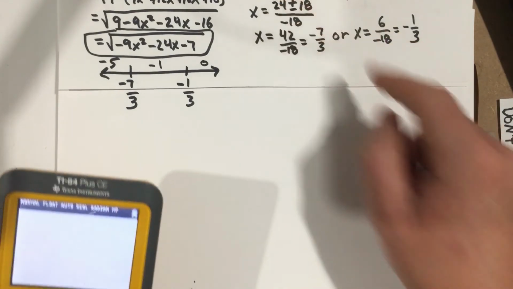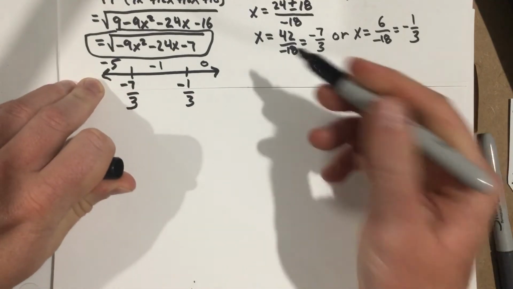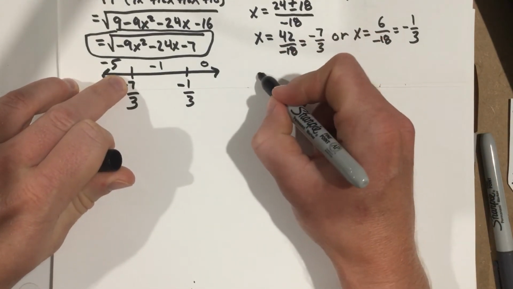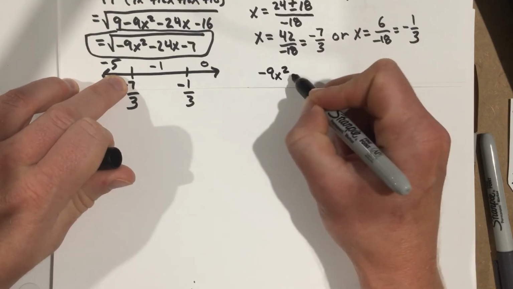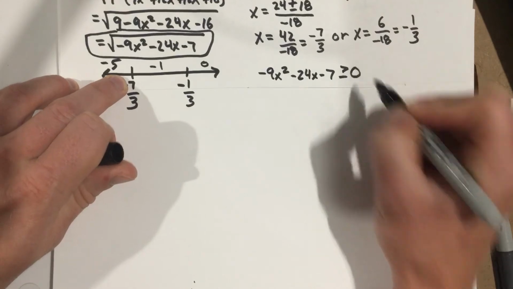Now, again, we're using this function, which I'm going to write again right here. This function we're checking is -9x² minus 24x minus 7 greater than or equal to 0.